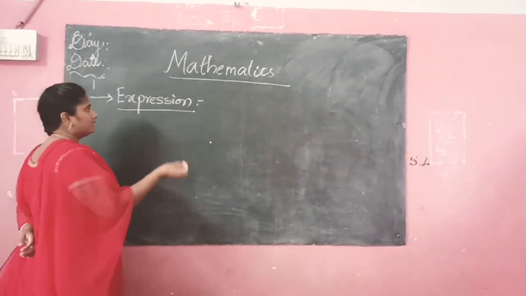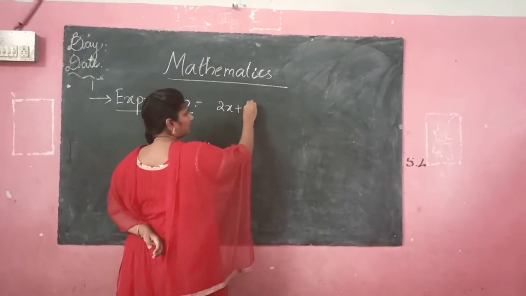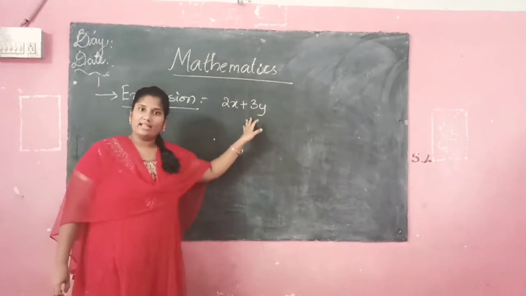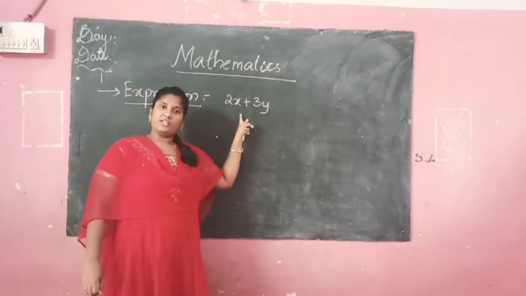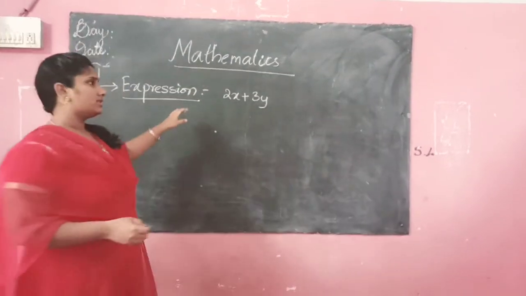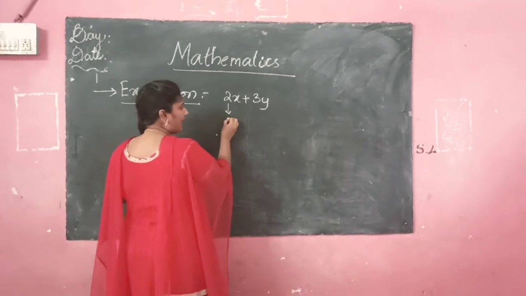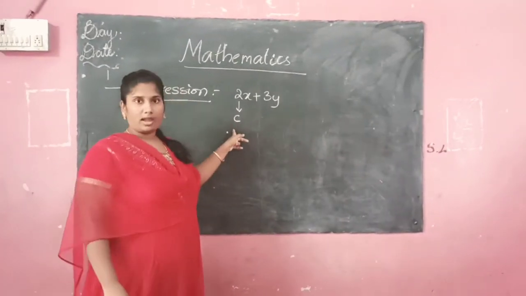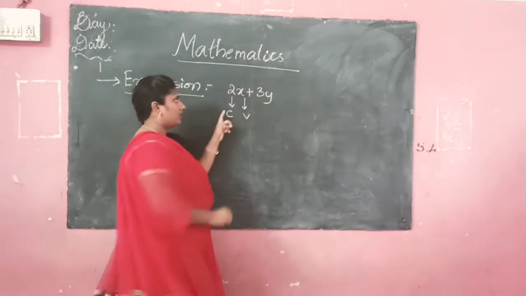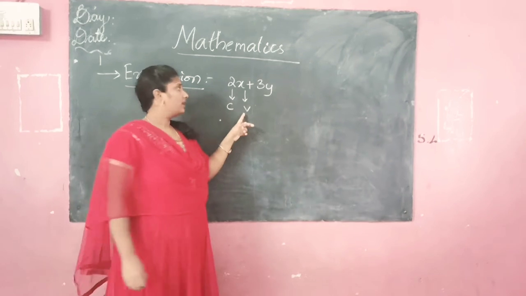For example, see 2x plus 3y. This is an expression. How can we say this is an expression? Because here, 2 is a constant, I am writing constant as C. x is a variable, V. Here one constant and one variable are there.